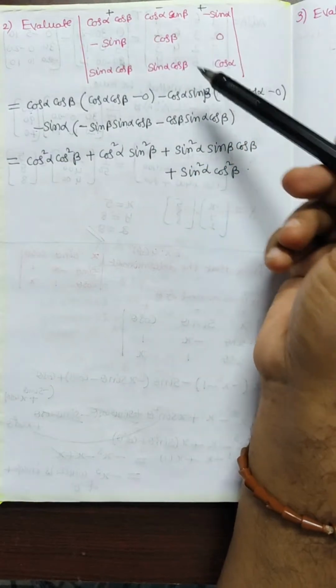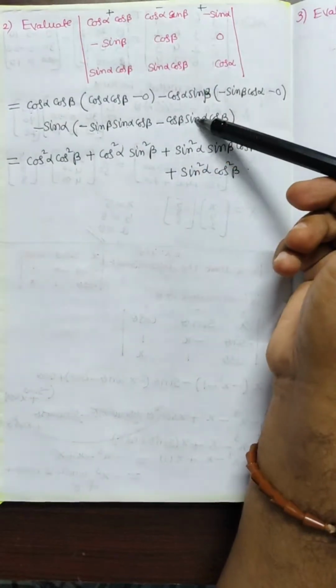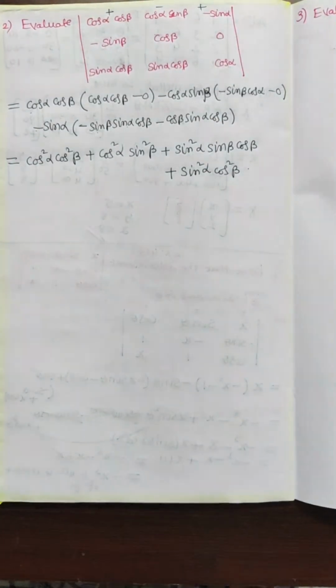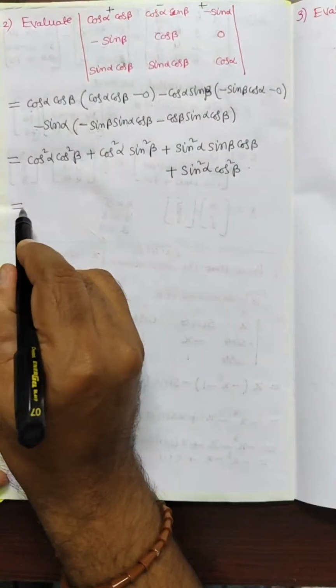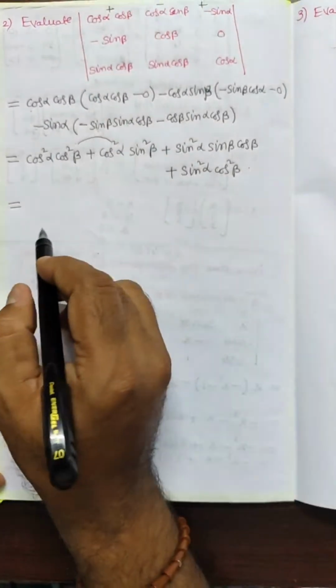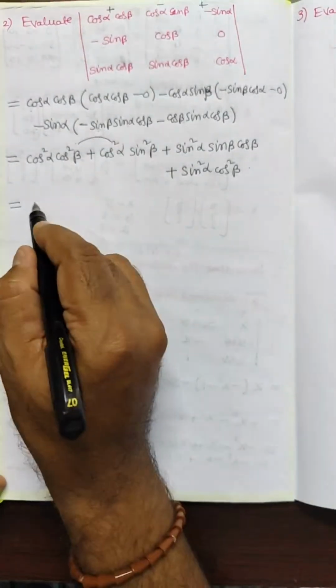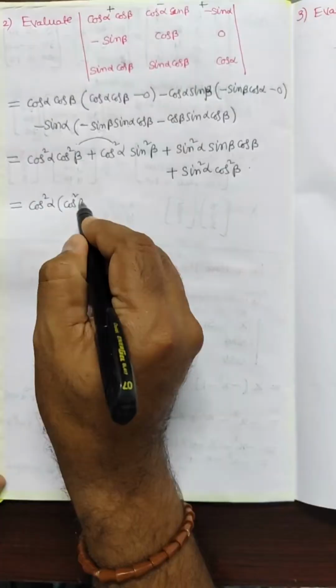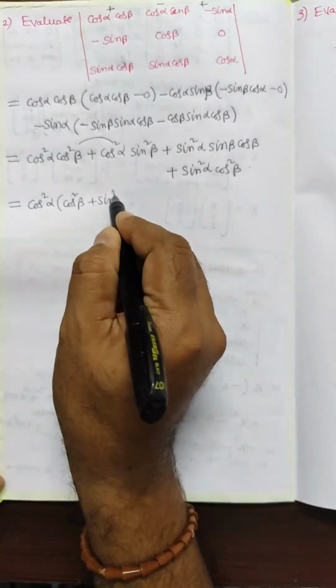Even here also minus sin alpha cos beta into cos beta. So which is equal to, from these two, cos square alpha, if we take out common, cos square beta plus sin square beta.